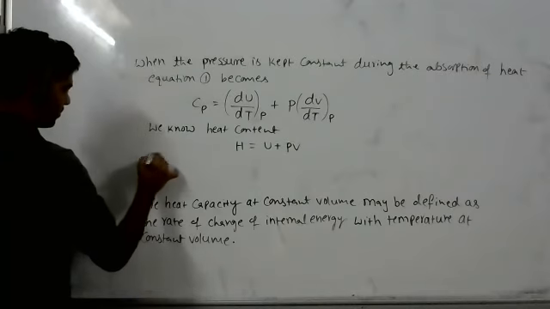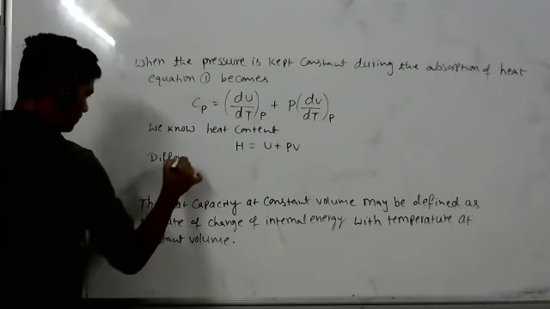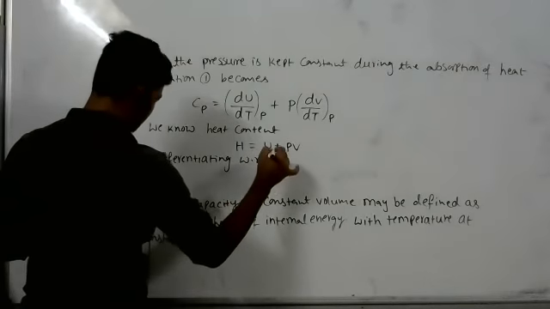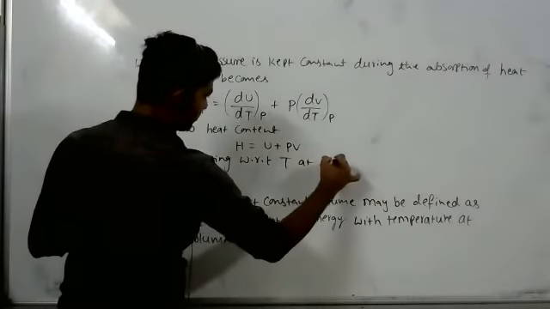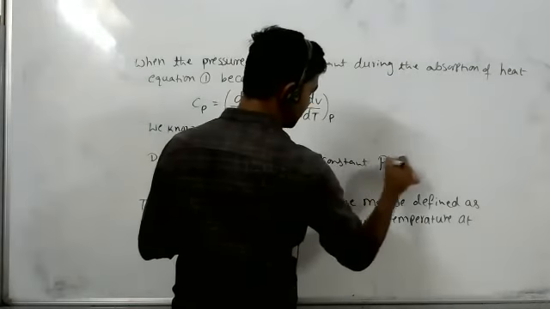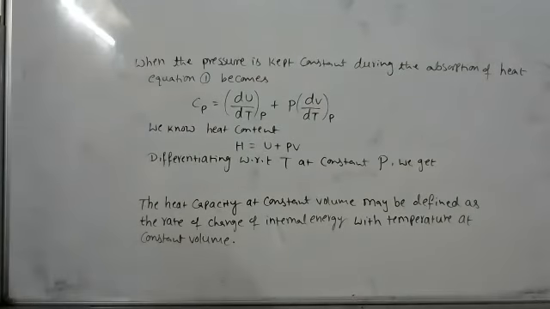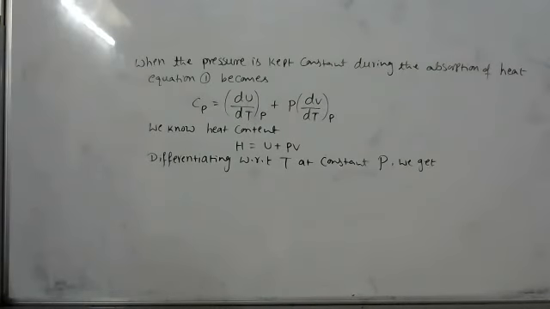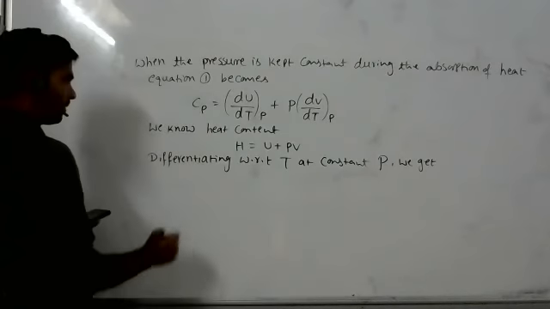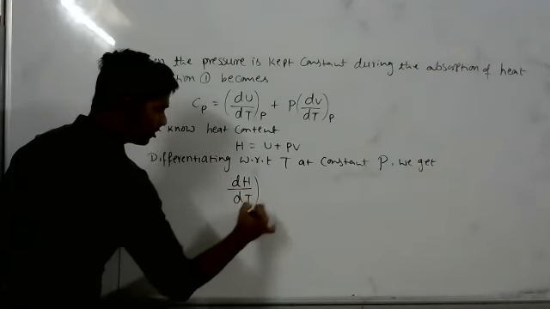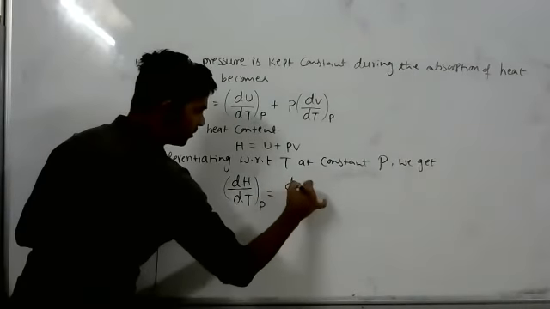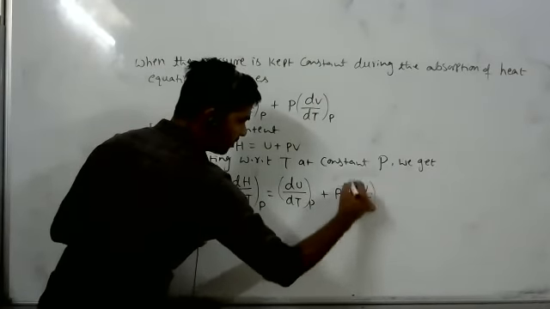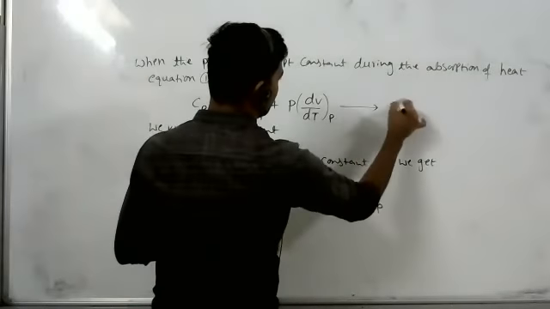Differentiating with respect to T at constant pressure, we get dH by dt at constant pressure is equal to du by dt at constant pressure plus P into dV by dt. So this gives us equation 2, and this is equation 3.